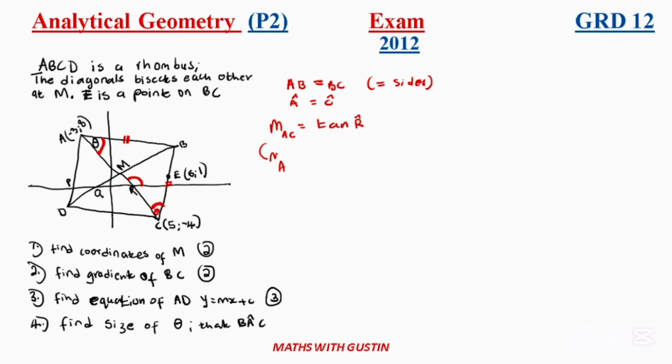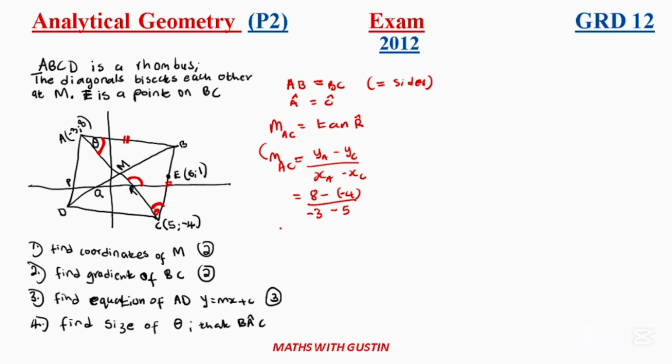The gradient of AC is going to be given by the y at A minus the y at C, all over the x at A minus the x at C. So what is the y at A? It's going to be 8 minus minus 4. Minus 4 here, guys, don't forget your negatives, and therefore x at A, -3, minus minus 5.